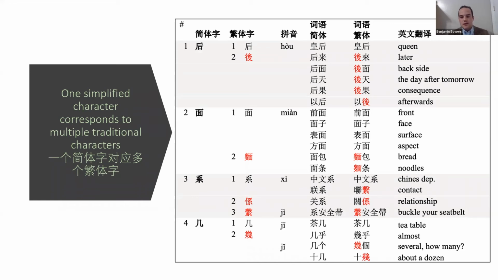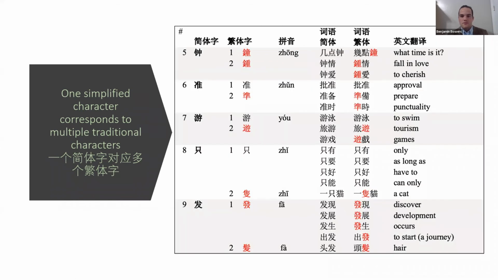Fourth, we've got 鸡,茶几,几乎. And then when talking about quantity, we have our third tone, 几,几个,市集. Next, we have 中,几点钟,钟情,钟爱. Next, we have 准,批准,准备,准时.